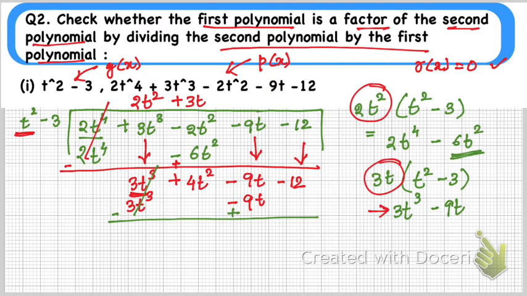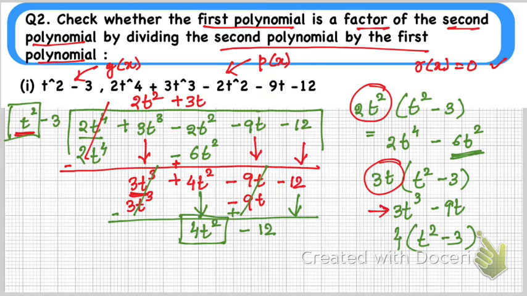These two will get cancelled. These two will also get cancelled. We will be left with 4t square, and this minus 12 will also come down. Now here we have t square again, and here we have 4t square. So multiplying t square minus 3 with 4, we will definitely get the first term, that is 4t square, and the other term will be 12.